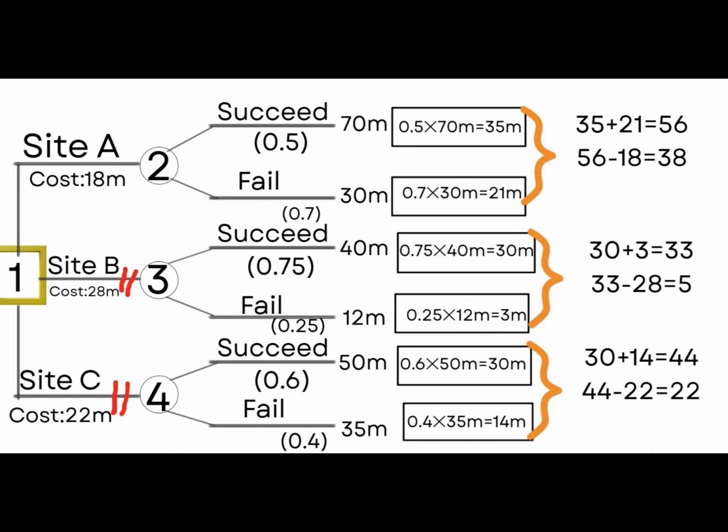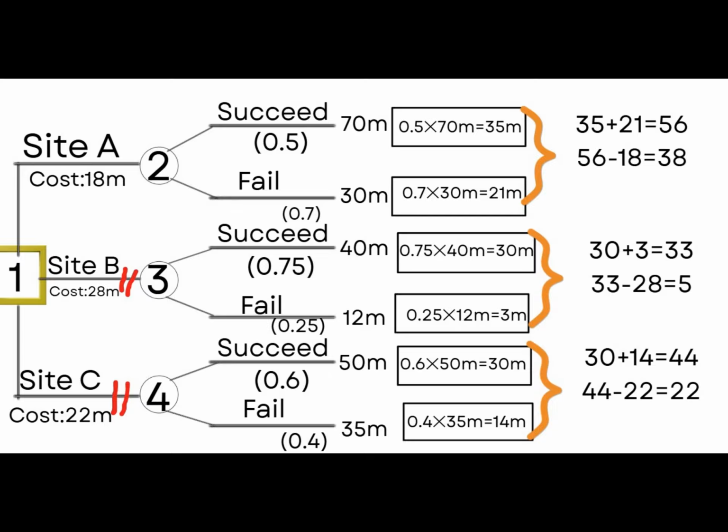In site B, success is a 40 million payoff with 0.75 probability, and failure is a 12 million payoff with 0.25 probability. When we do the calculation of EV, the total comes to 33 million, and we subtract the original cost, so it comes to 5 million.